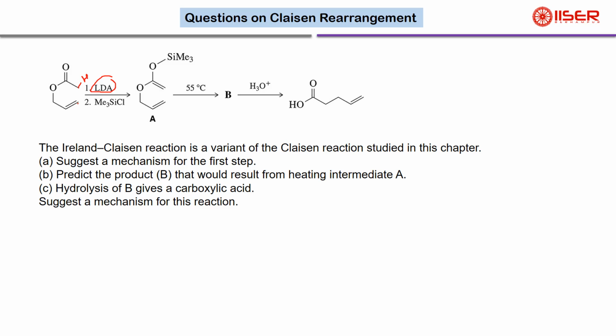It will form a negative center here, and this enol undergoes tautomerization, forming an enolate here.